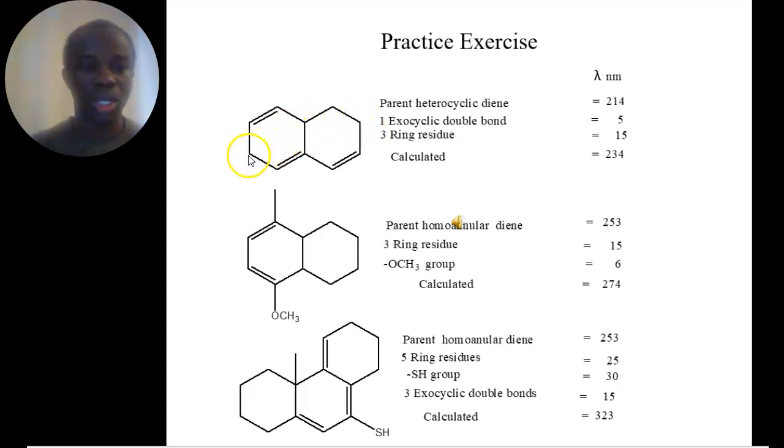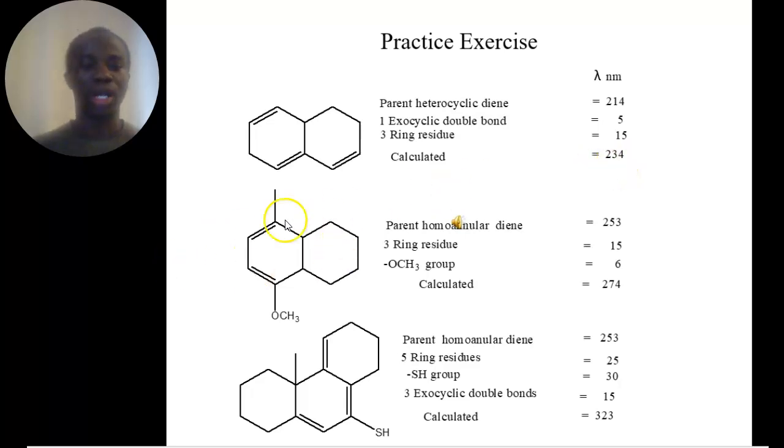If you look at all of these carbons I've identified, 1, 2 and 3, they are directly attached to the conjugation system, and that's why we have 3 ring residues. So for each ring residue you add 5, so that's why we have 15 here. For each isocyclic double bond you add 5. So now if you look at this structure, there are no other additions, so we just sum up all the values that we have: 214 plus 5 plus 15, and then we have 233.